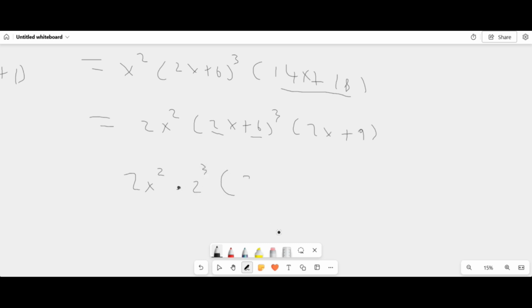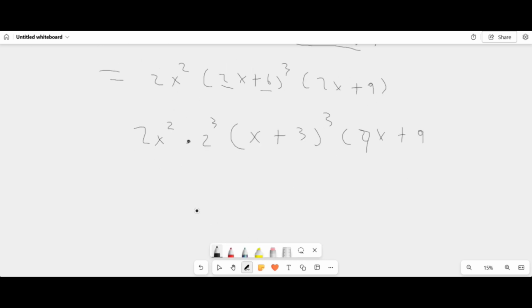And obviously 2 divided by 2 is going to be just 1. So it's x plus 3 to the power 3 and then 7x plus 9. And then 2 to the power 3 times 2 is going to be 16. So 16x squared, open bracket, x plus 3 cubed, 7x plus 9. And that's the final answer.